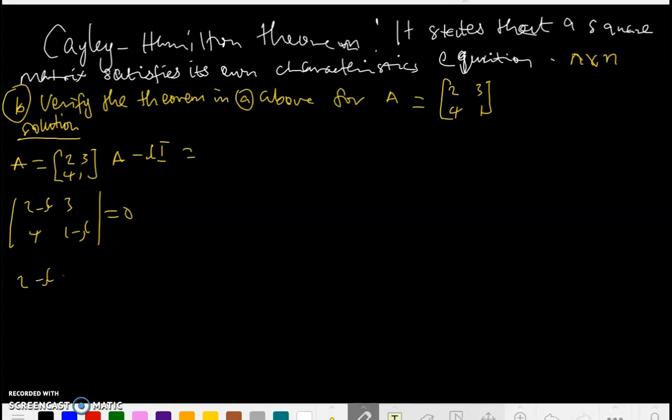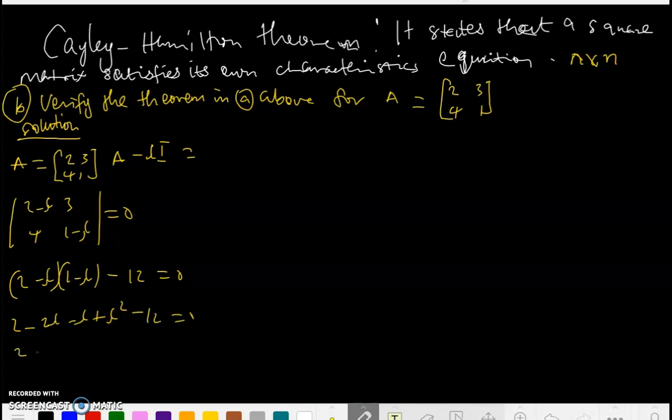So 2 minus lambda multiplied by 1 minus lambda, minus 4 times 3, which is 12, must be equal to 0. Let us open this. 2 times 1 gives 2. 2 times minus lambda gives minus 2 lambda. Negative lambda times 1 is negative lambda. Negative lambda times negative lambda is positive lambda squared. Minus 12 equals 0.